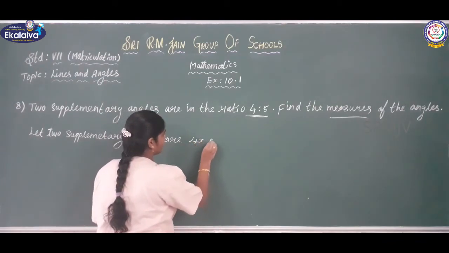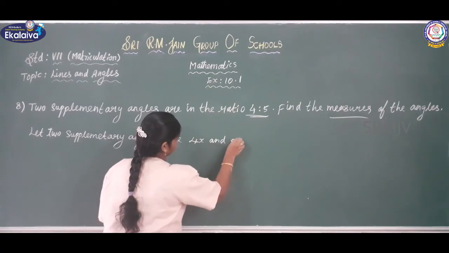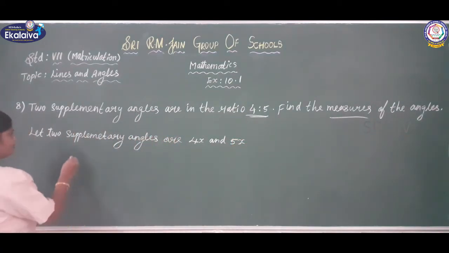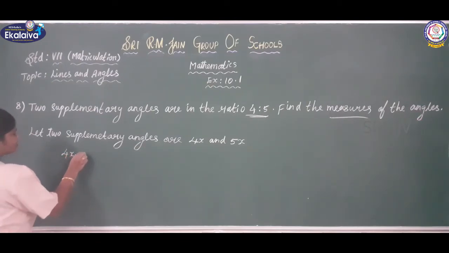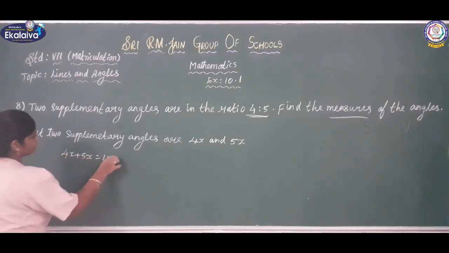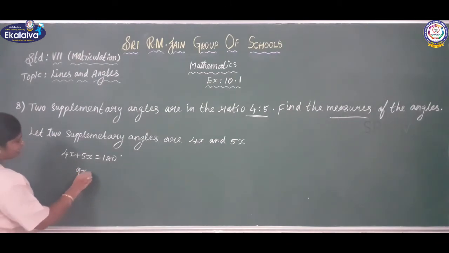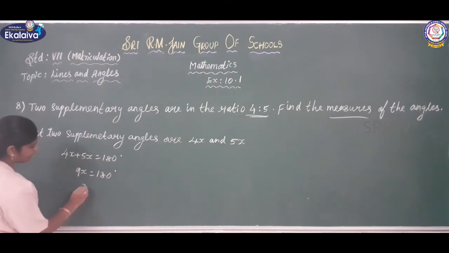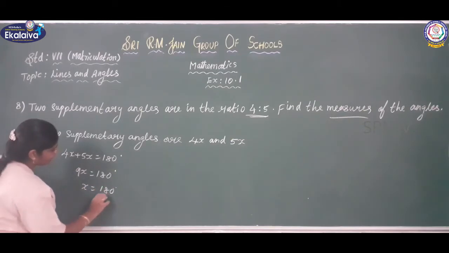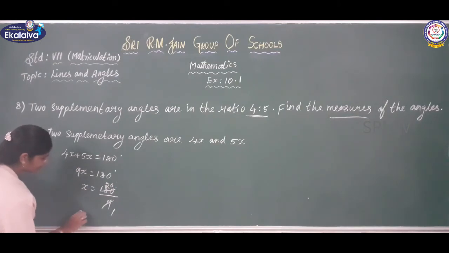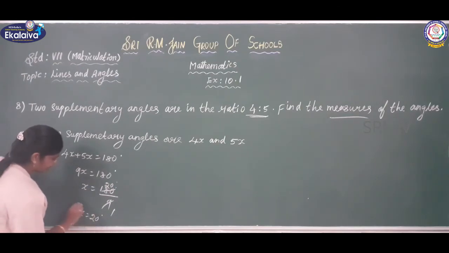So when we add these angles, what you will get, children? 180 degree. So 4x plus 5x equal to 180 degree. Okay. 4x plus 5x, what you will get? 9x equal to 180 degree. x equal to 180 by 9. 9 ones are 9, 9 twos are 18, 0. So x equal to 20 degree.